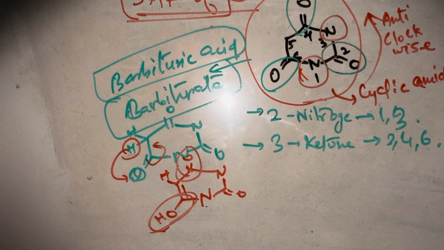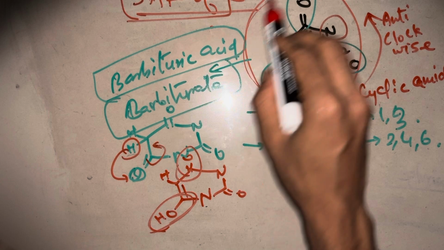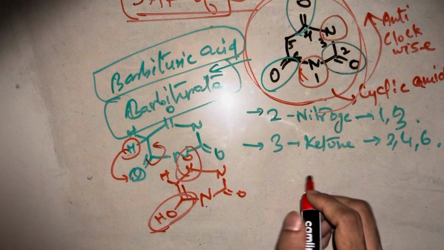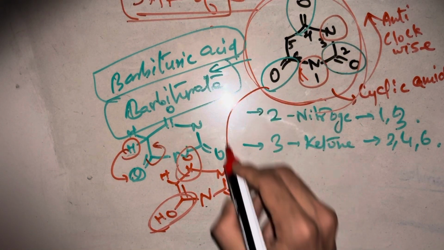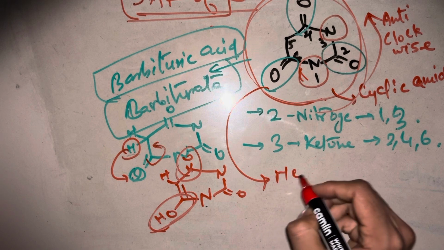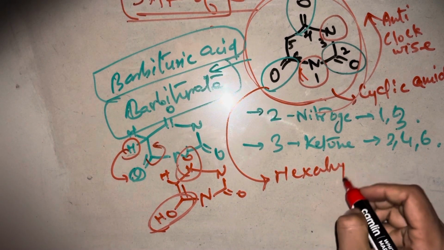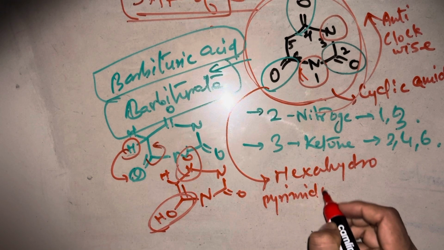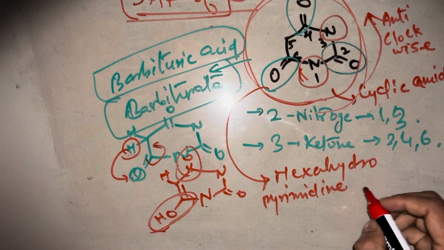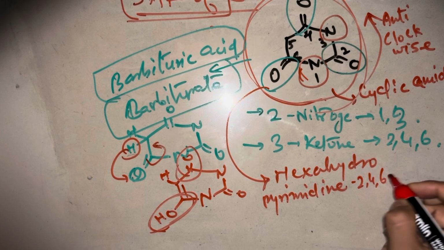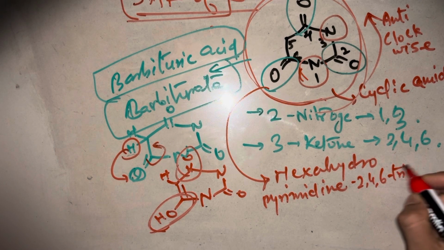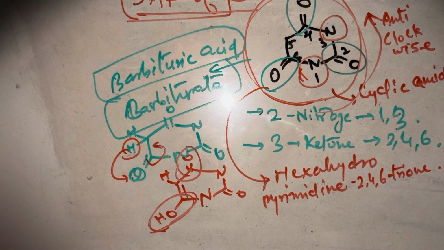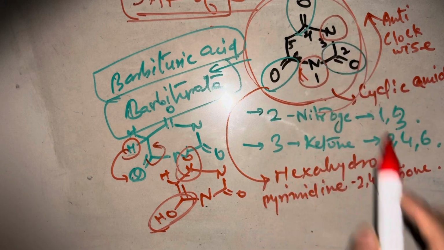What is the IUPAC name? The IUPAC name of the barbiturate is hexahydropyrimidine-2,4,6-trione.